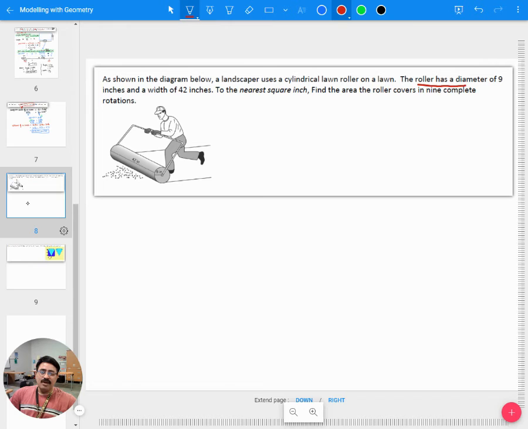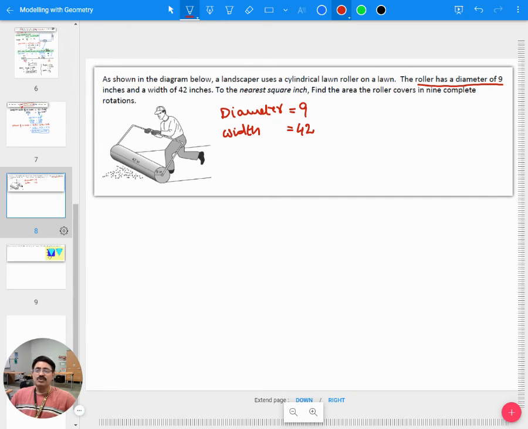So let me copy the information first. Diameter is 9 inches and width is 42. I see that this is 42. So width equals 42 inches.